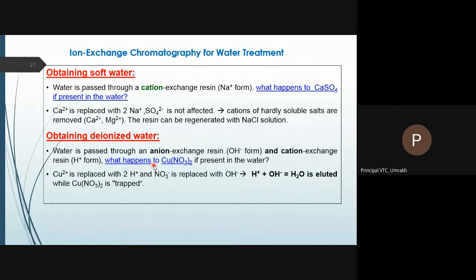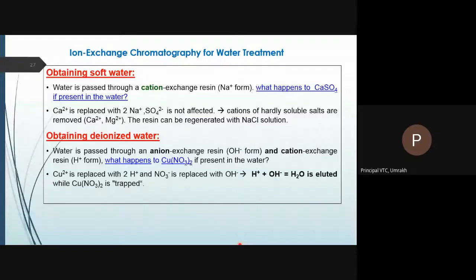If we add water which has Cu(NO3)2 compound, Cu2+ will be replaced with H+ ion, and NO3- will be replaced with OH-, and the H+ and OH- will be eluted as water, and the compound Cu(NO3)2 which was present in water will be trapped there. So we can obtain deionized water also through ion exchange chromatography.